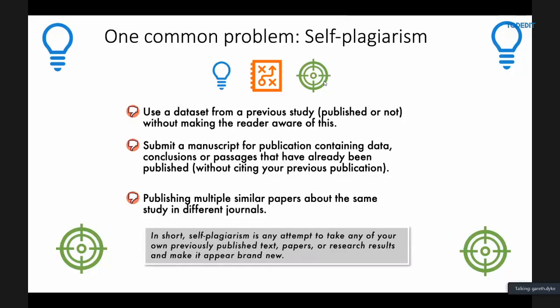Did you know, for example, that if you publish a paper this year and you want to reuse one of the figures or some of the data or some of the text in a later paper that you might write next year, you actually have to cite yourself. Many authors are unaware of this. They think, I've written the paper, I've made the figure, I own that. I can use that again whenever I want. No, you have to cite yourself.